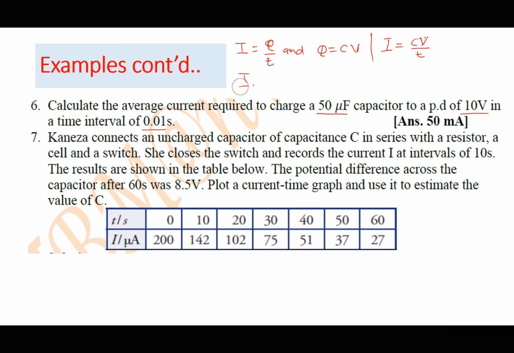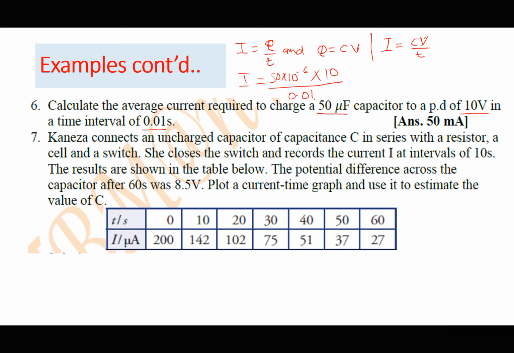So current is equal to capacitance, which is 50 times 10 to the power of minus 6, times V, which is 10, divided by T, which is 0.01.